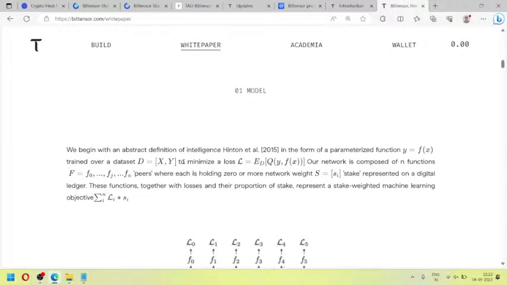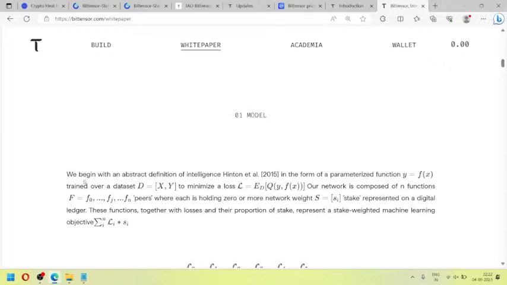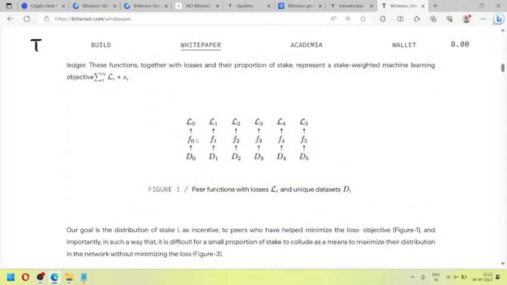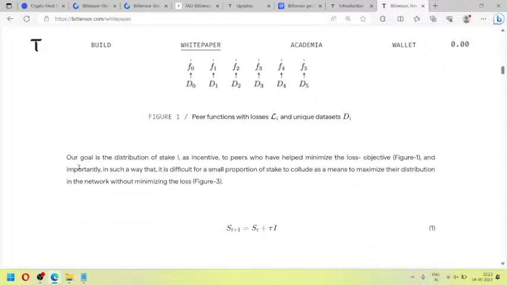And you can see the model and what they need. We begin with the abstract, how they begin Bittensor. This is the function with the loss and unique data space. You can see the code.